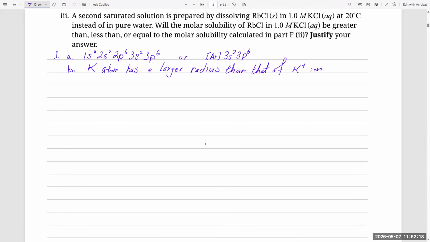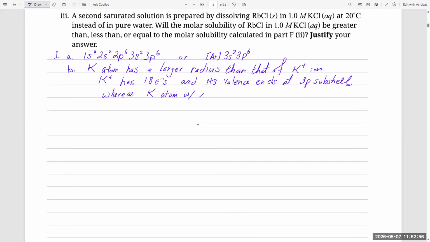Now it says to justify using atomic structure. So we would say something like K plus has 18 electrons and its valence ends at the 3p subshell, whereas the potassium atom with its 19 electrons has a valence subshell of 4s.